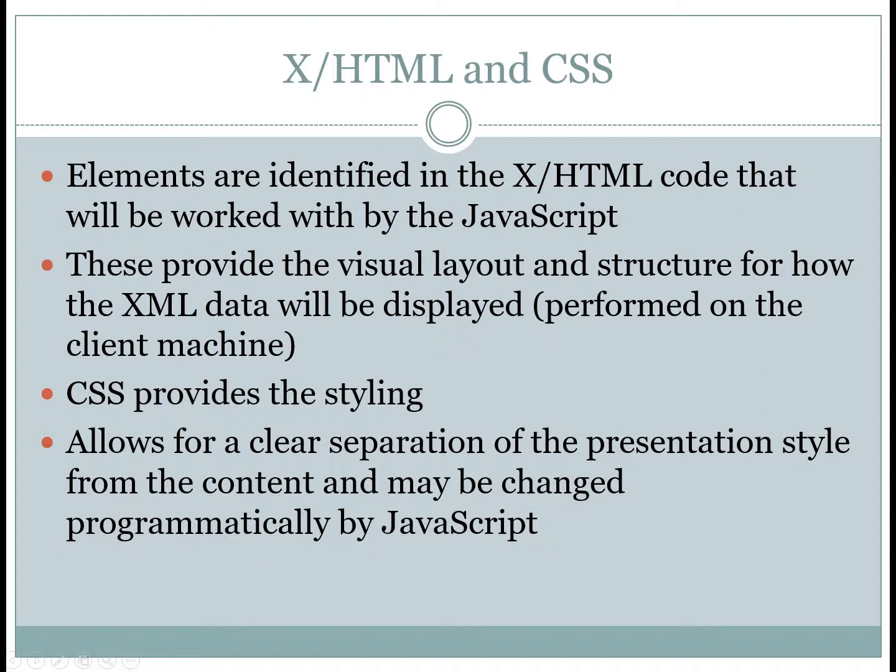These provide the visual layout and structure for how the XML data will be displayed, performed on the client machine. CSS provides the styling, allows for a clear separation of the presentation style from the content, and may be changed programmatically by JavaScript.